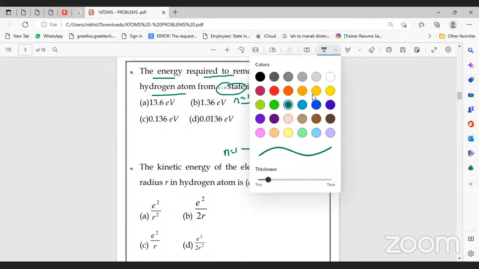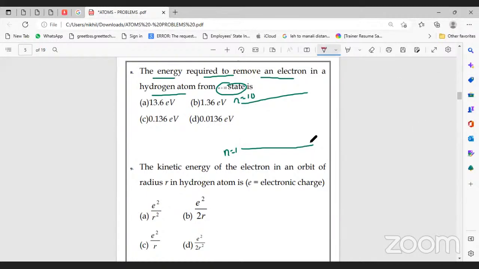So what is the energy in the first orbit? Energy in the first orbit is minus 13.6 electron volt. What is the energy in the 10th orbit, students? You know that energy is given by E1 divided by n squared. If you know the energy in the first orbit, you can find the energy in the nth orbit.